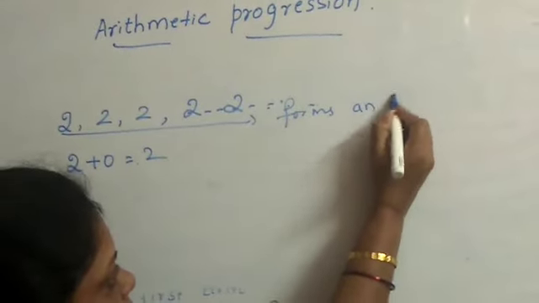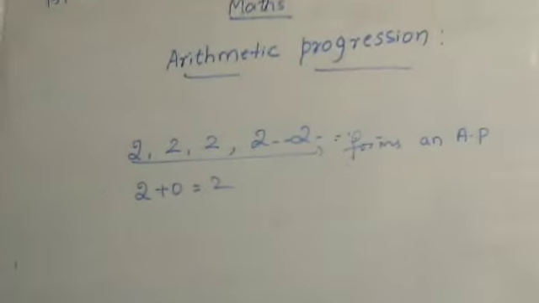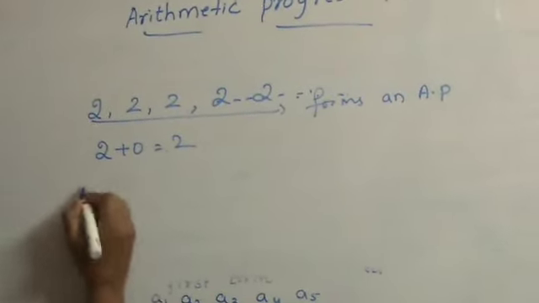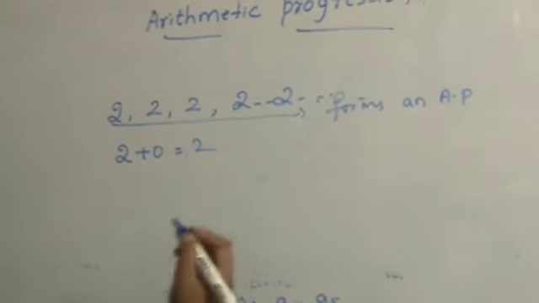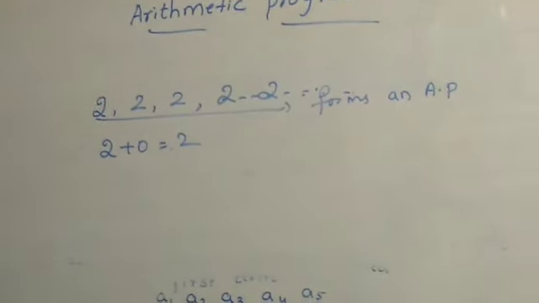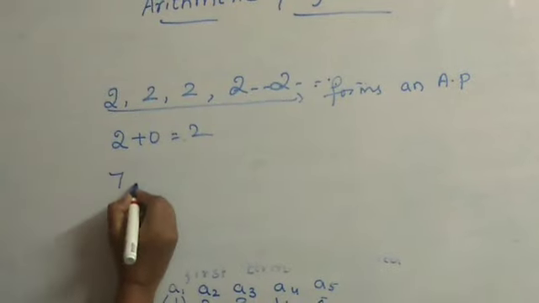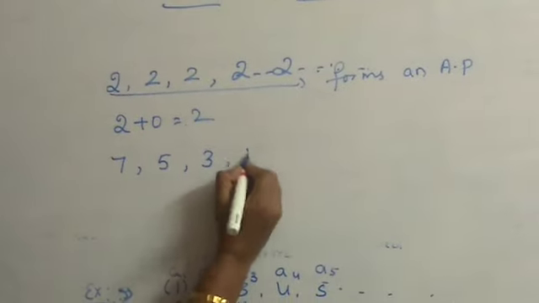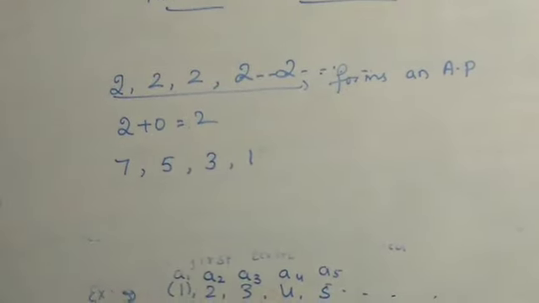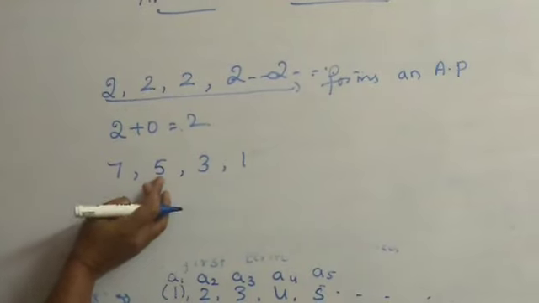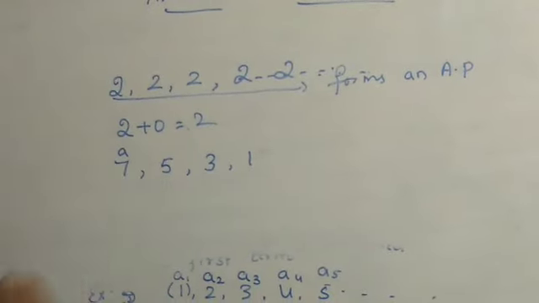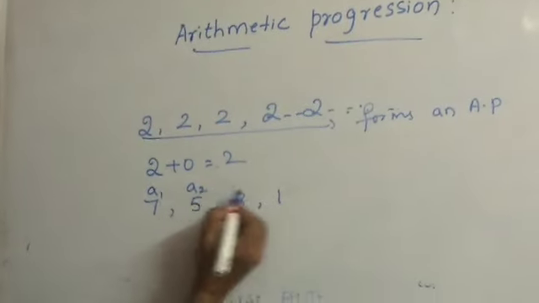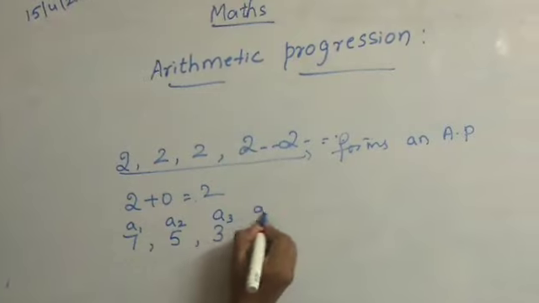Now, one more example I will give in the negative form, where D should be negative. Take 7, 5, 3, 1. Here A means first term, this is A1, A2 the second term, A3, A4.